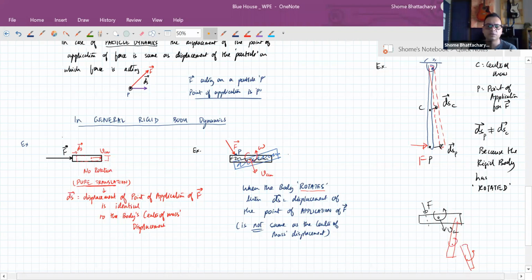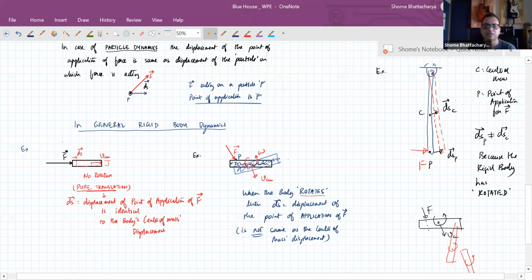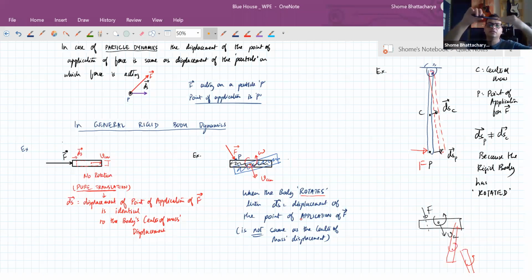Just imagine you have kept a rod on a smooth table and you apply a sharp impulse on one side at some kind of angle. That rod will go spinning, right? Whereas if you just apply a force from one side along the length, it will go straight, it will go translating.